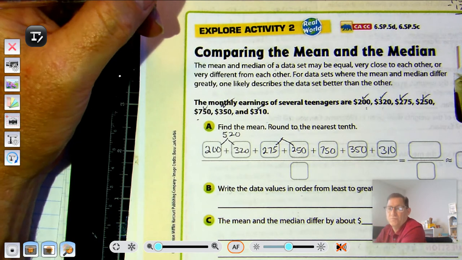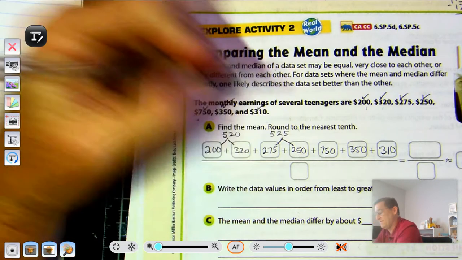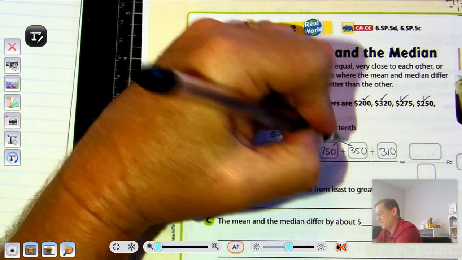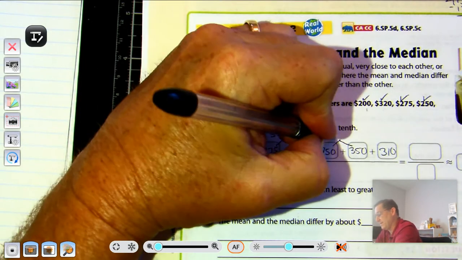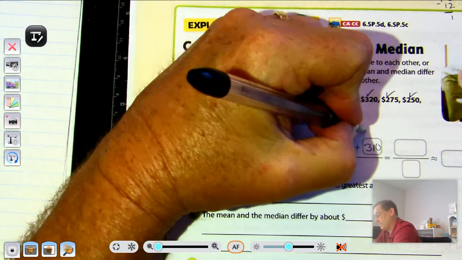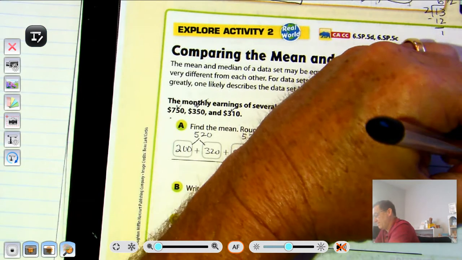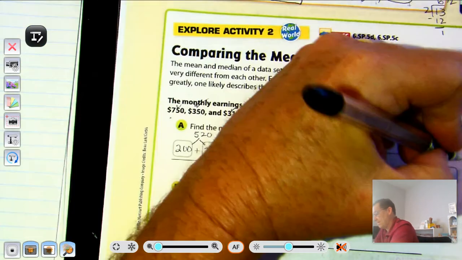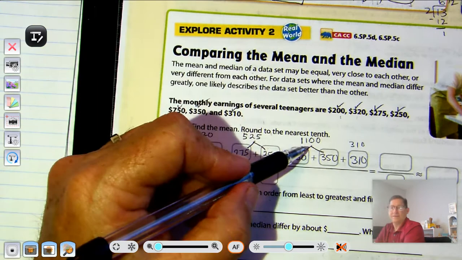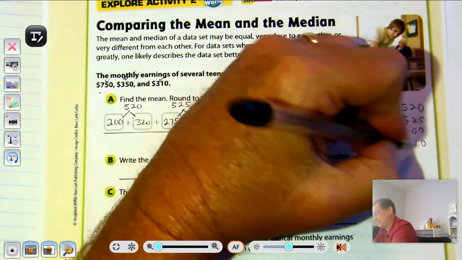275 plus 250, that's 525. 750 plus 350 is 1100. And then we have our last number, 310. So now we have 520, 525, 1100, and 310.